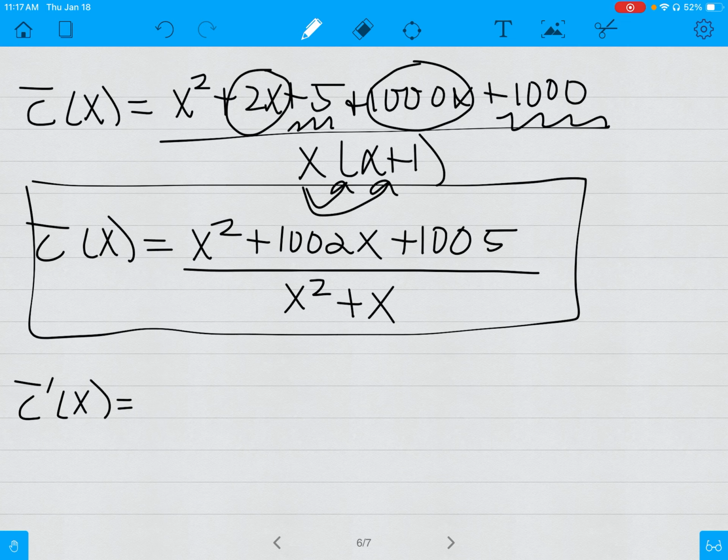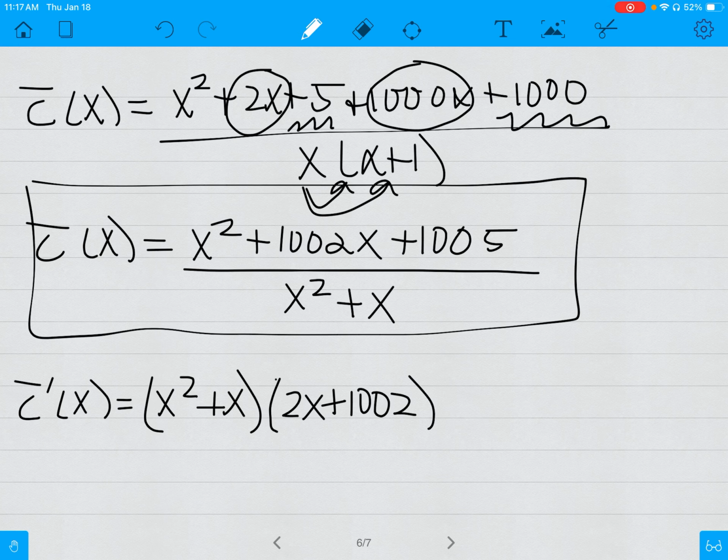So the quotient rule says, take the denominator function, x squared plus x, multiply by the derivative of the numerator function. The derivative of x squared is 2x. The derivative of 1002x is just 1002. And the derivative of 1005, because it's a constant, is 0.